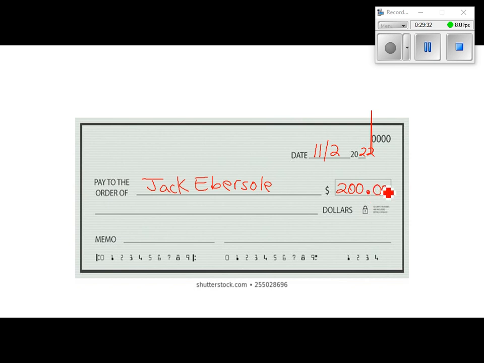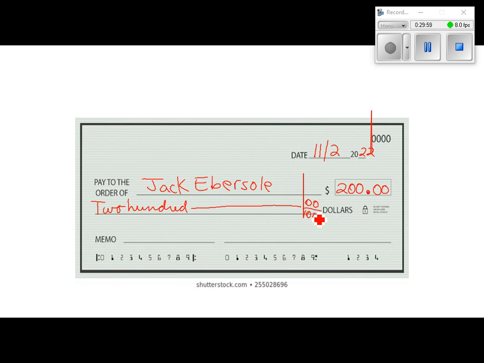I'm gonna pay me $200. This line, you gotta write it out, 200. When you write out the amount here in words, no spaces, leave it all the way over there. This time there's 0 cents, so 0 out of 100.